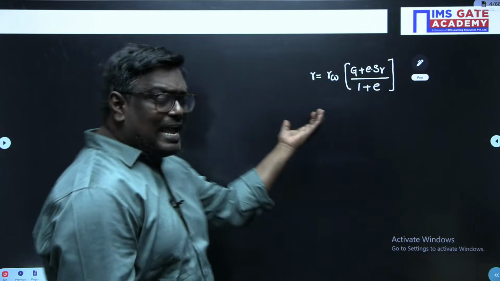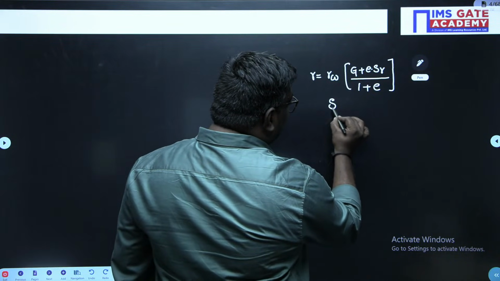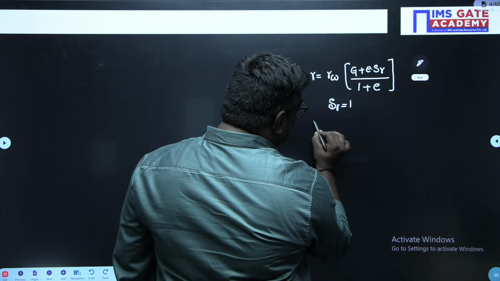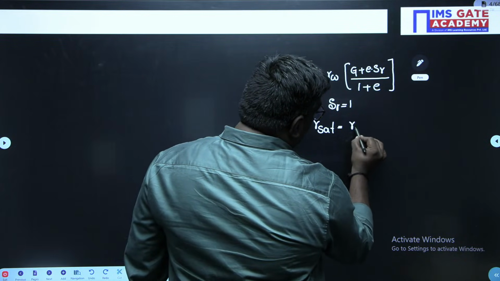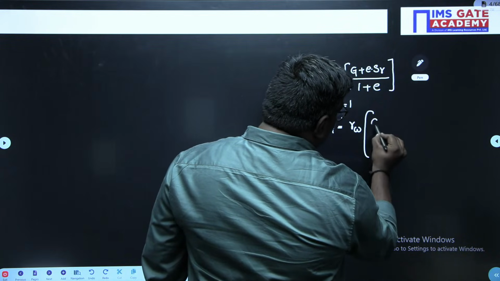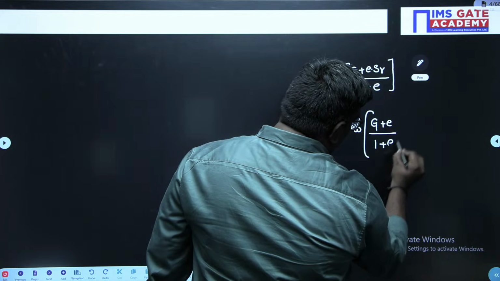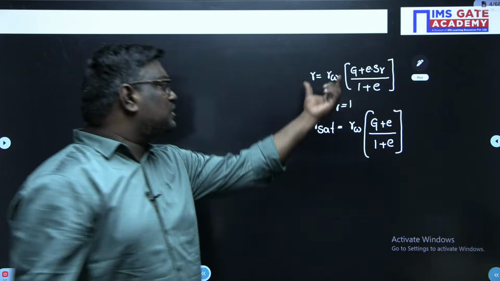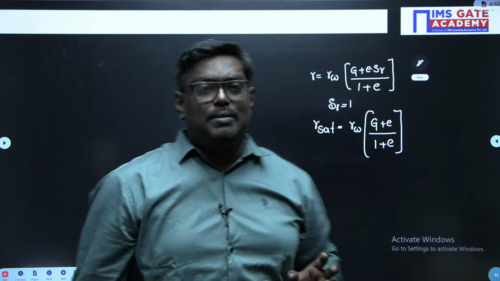So, when I say saturated unit weight, we can say degree of saturation is equal to 1. In that case, gamma sat can be written as gamma W into (G plus e) upon 1 plus e. Now, my dear students, please try to remember this formula so that all the unit weights you can remember.